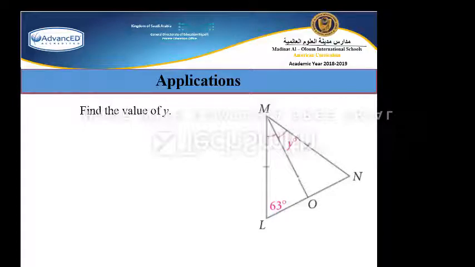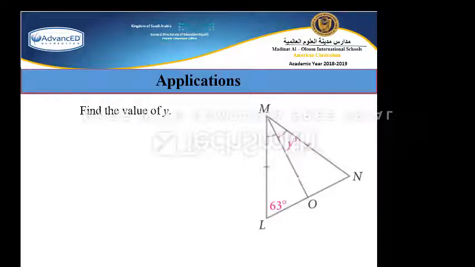How to find the measure of angle y? By looking at the triangle MLN and using the given that MN is congruent to ML and the measure of angle L is 63, this is an isosceles triangle.